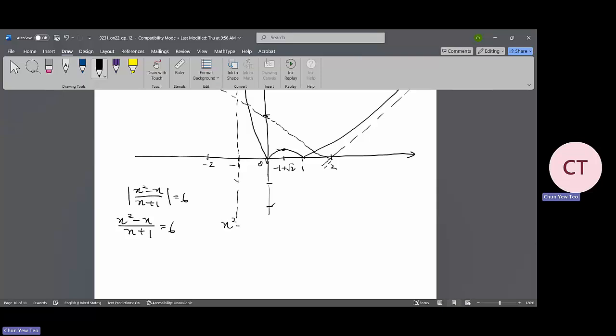If you solve the first, 6x plus 6, and the second, negative 6x minus 6, you get x squared minus 7x minus 6, and x squared plus 5x plus 6, which factorizes into x plus 3, x plus 2.